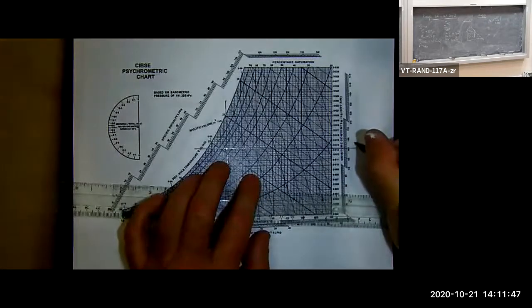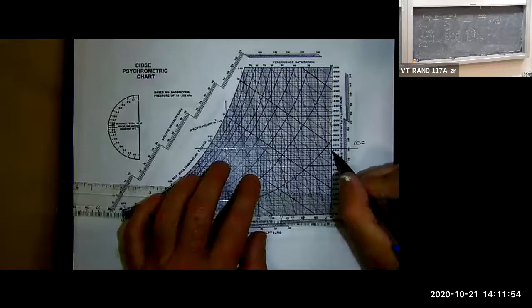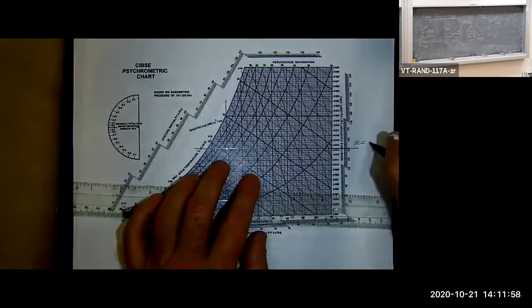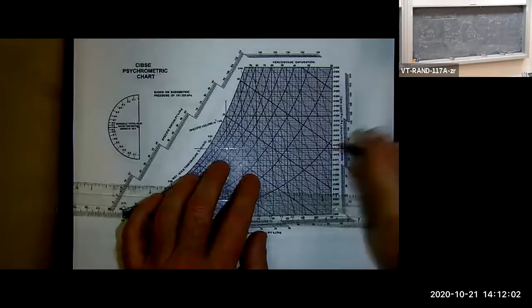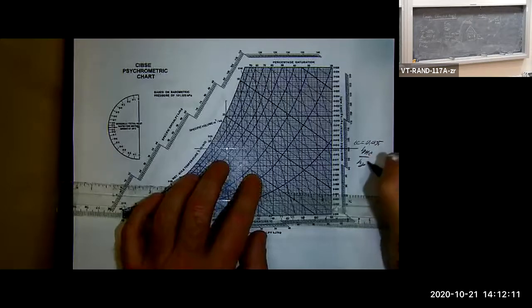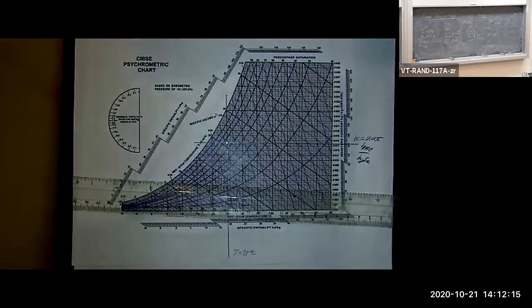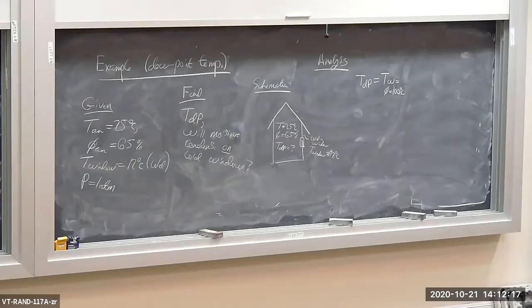So omega is equal to about 0.013, a little bit higher maybe, I guess 0.0135. And that's going to have units of kilograms of H2O per kilogram of dry air. I'm going to write that over here, 0.0135.